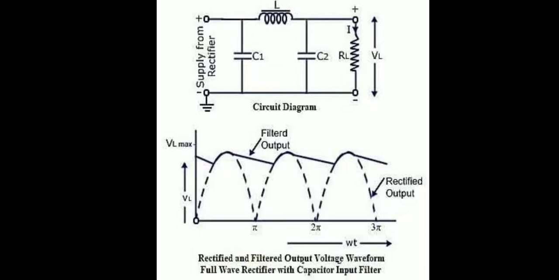A filter circuit is a device to remove the AC components of the rectifier output but allow the DC components to reach the load. A filter circuit is a general combination of inductor L and capacitor C, called an LC filter circuit.